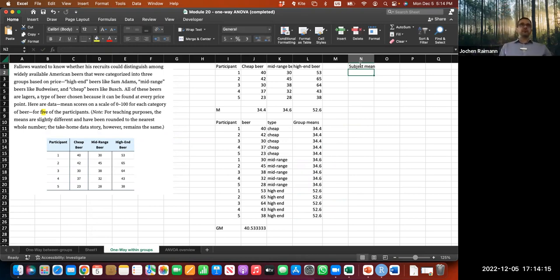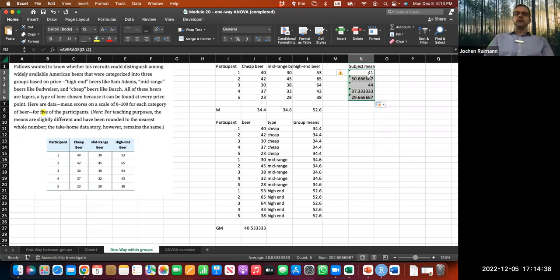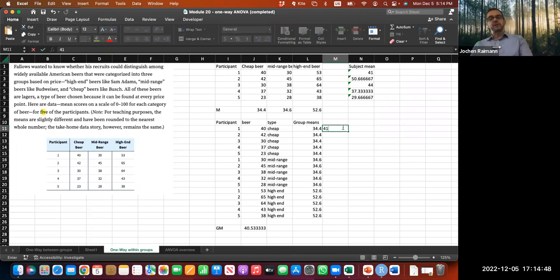Next we need a subject mean. That gives us the variability within one subject. So we calculate a mean for each subject, in the same fashion, and here we get the respective subject means. The only thing that gets a little tricky is that we need to correspond the individual measurement with the individual subject.